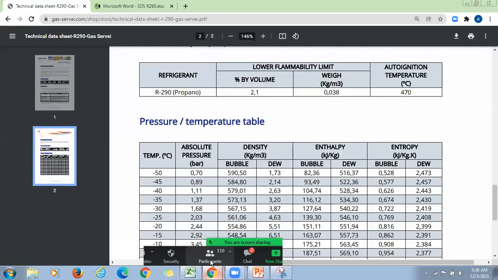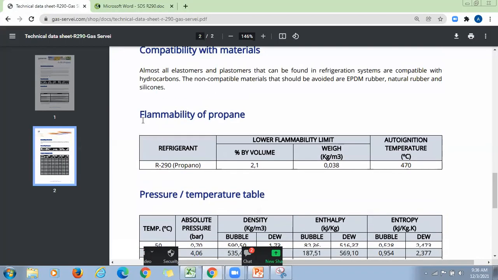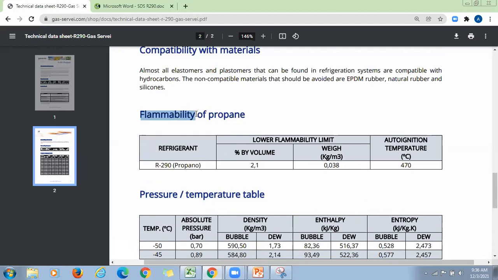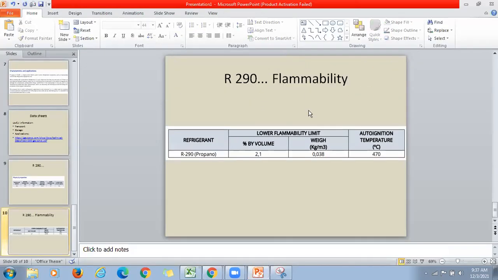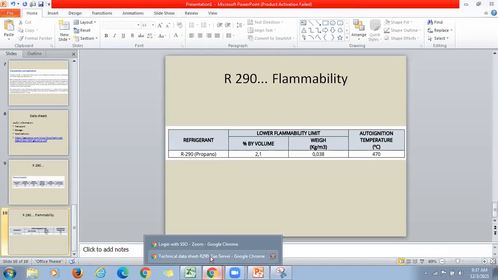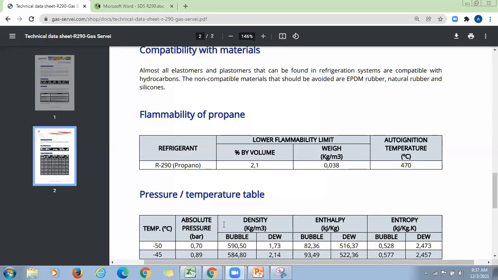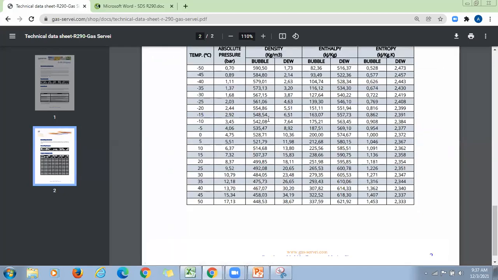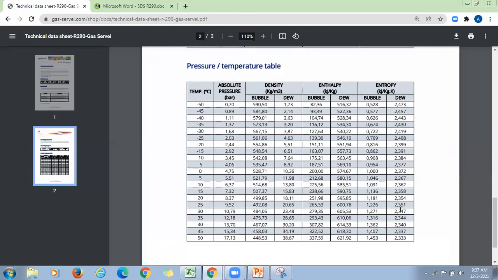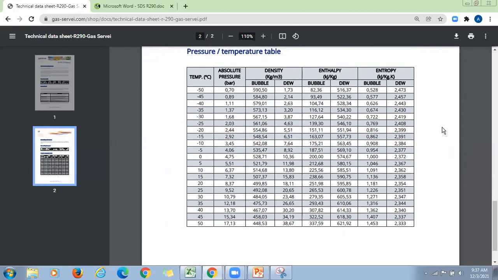Flammability. Okay. After that, we will come to this, coming under technical data sheets.